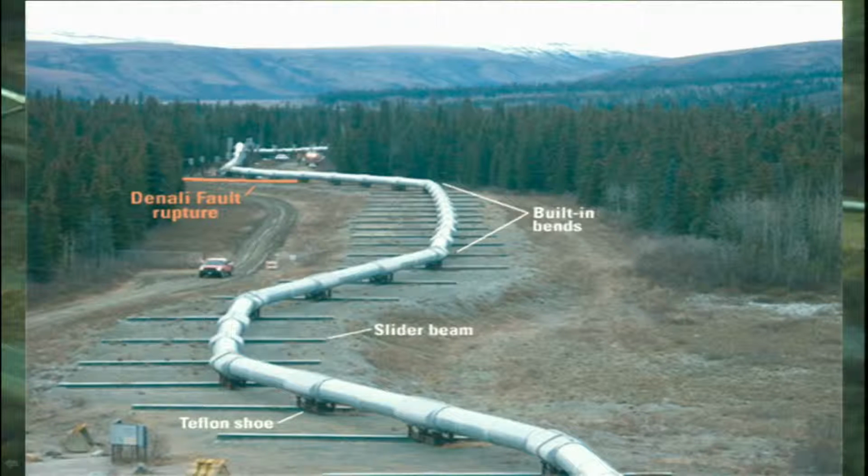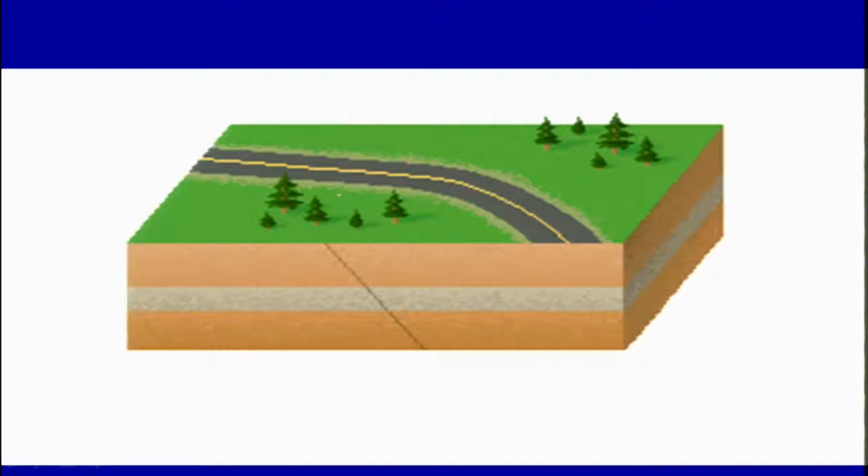So they kept that much of buffer, and they came up with a very flexible pipeline, and they put this on the wheels, okay. So when the earthquake came, this pipeline just slid on the top of it, and did not get damaged, okay. And this is a very good example which we always talk about when we are talking about this one, okay.